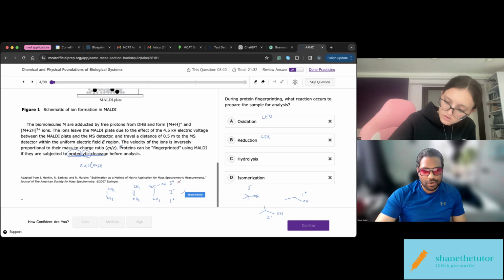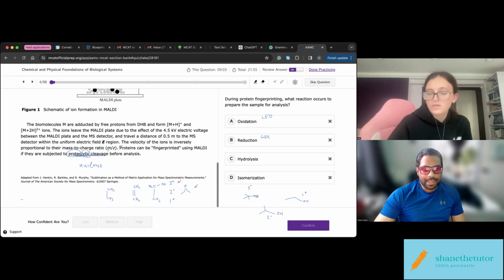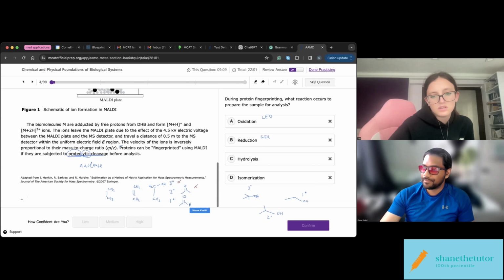So now this turns into a ketone, and it cannot be oxidized further. And now the primary alcohol would be oxidized in the same way, but this time, since it's primary, it'll be an aldehyde.